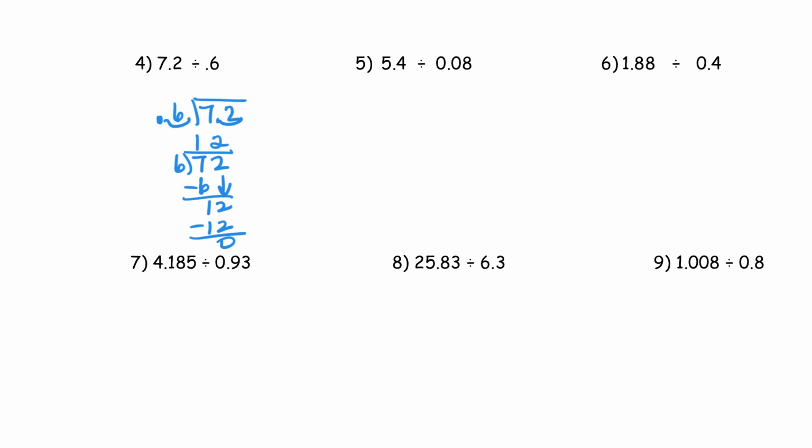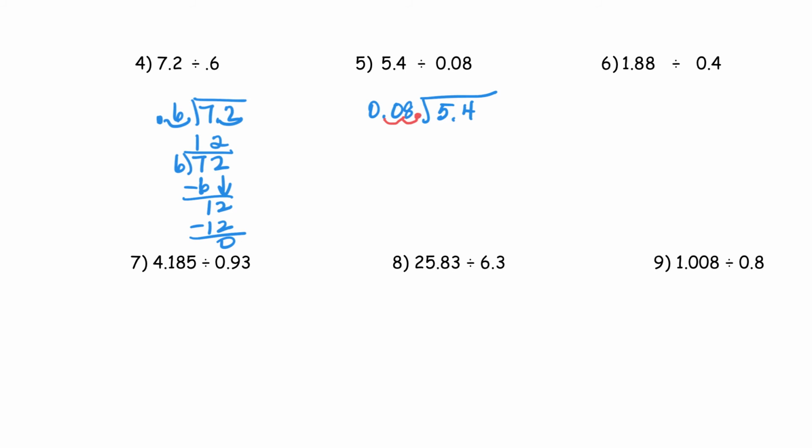Now look at problem number 5. Let's set that one up. It's 0 and 8/100ths divided into 5 and 4/10ths. This one's a little trickier. On the outside, your divisor has 2 places in the decimal. So watch how number 5 happens. We're going to move the decimal over 2 places to the right.